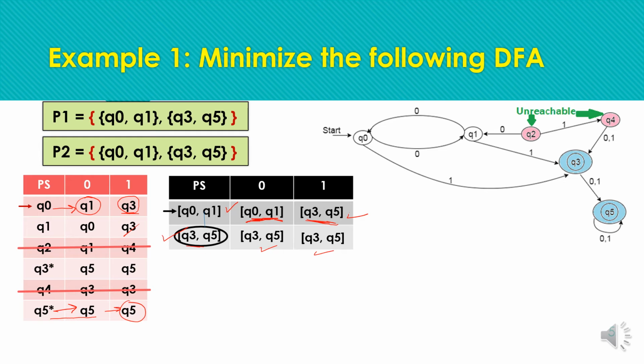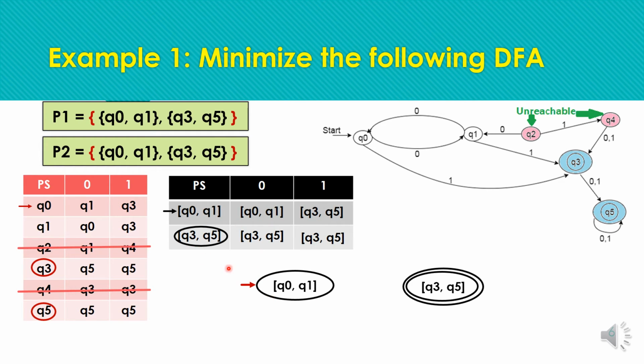Now the resulting transition diagram will be like this. We'll be having two states. One is the initial state and another is the final state, marked with the double circle. And from the initial state we have a self loop of 0, as we can check here, and for input symbol 1 we are moving to the state Q3 Q5, and from Q3 Q5 we have a self loop to the same state for all the input symbols 0 and 1.